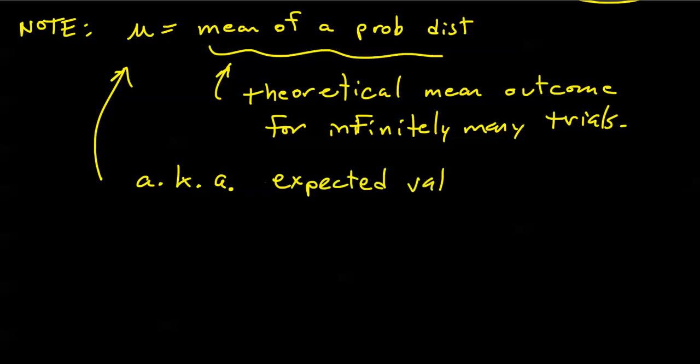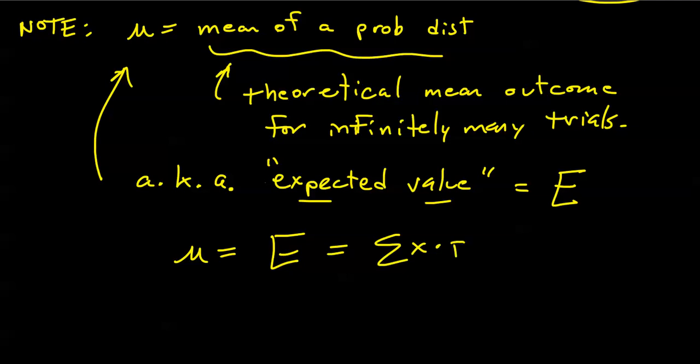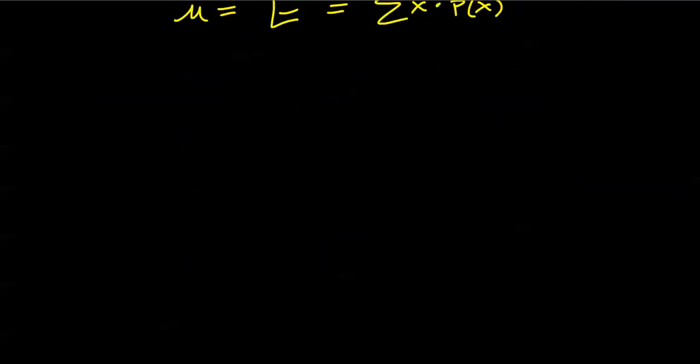The way the author breaks it down, usually expected value is denoted with E, capital E. Now, mu is exactly the same as E. I think our author invokes the E terminology when he's talking about games of chance. So let's take that author's convention and embrace it in this example.